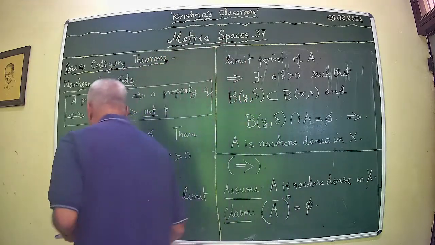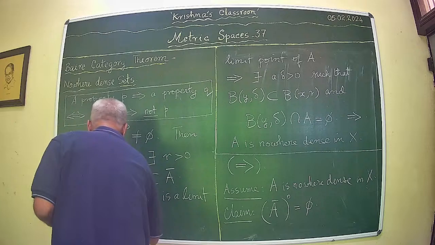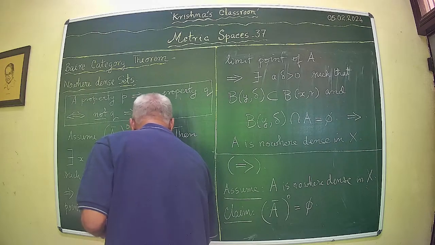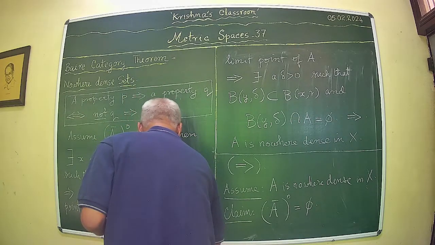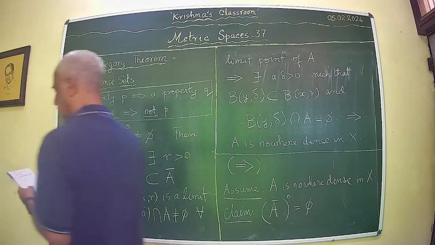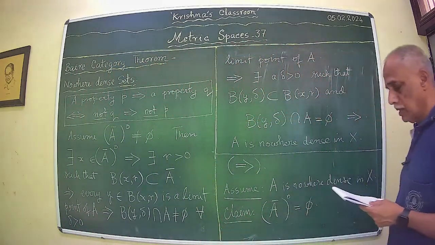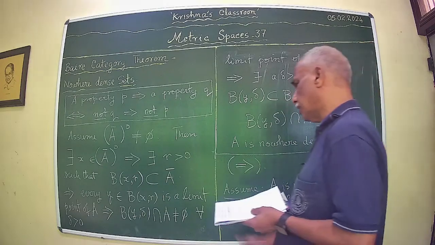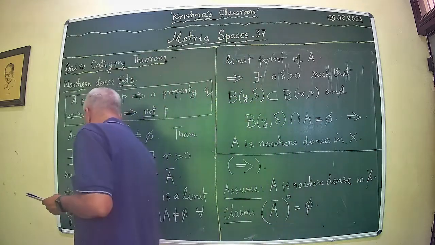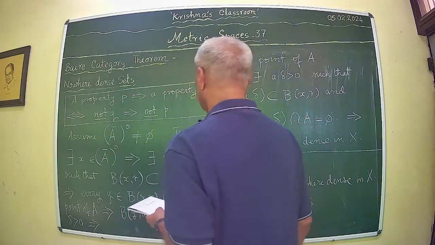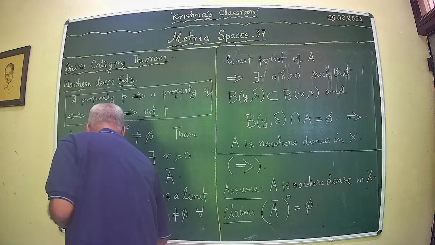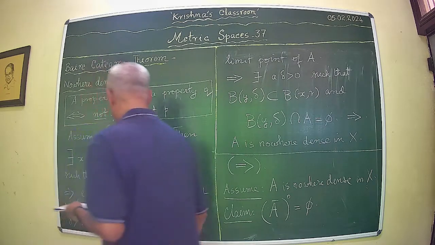What does this mean? This implies B(y,delta) intersection A is non-empty for every delta. That means all balls of radius delta have a non-empty intersection with A. Okay, and that implies the negation of the definition of nowhere density. That implies A is not nowhere dense.